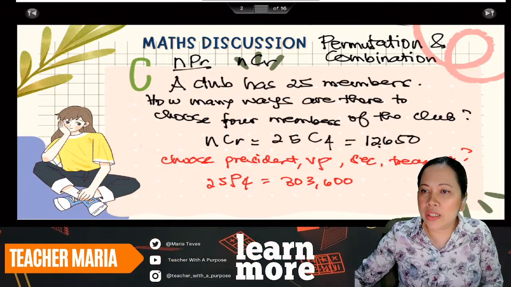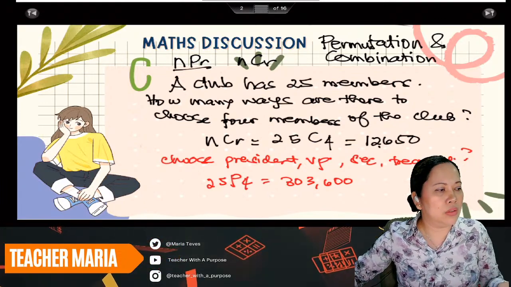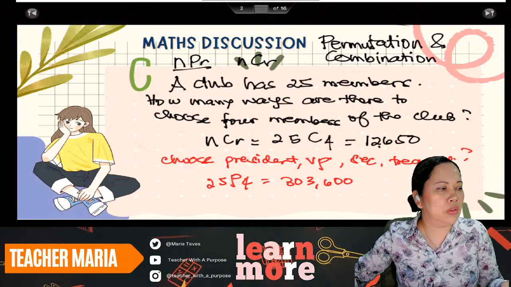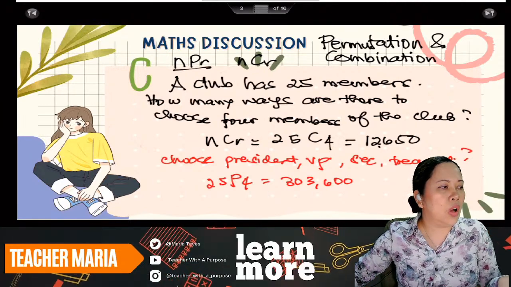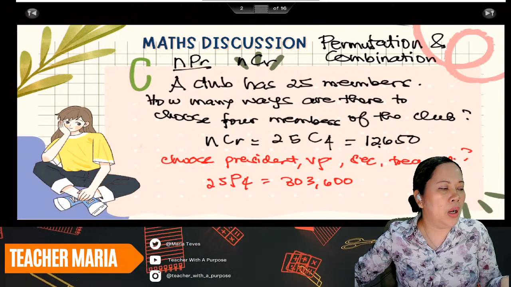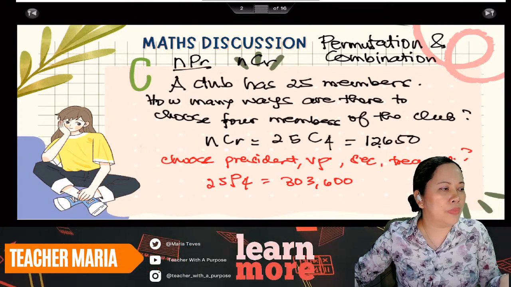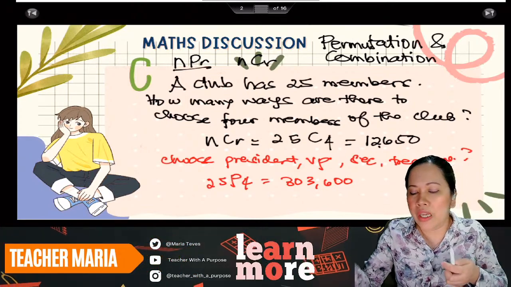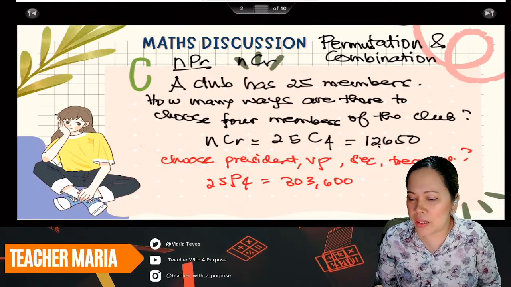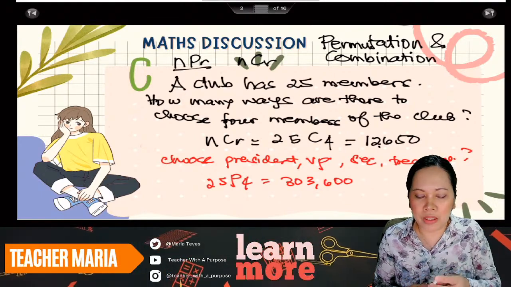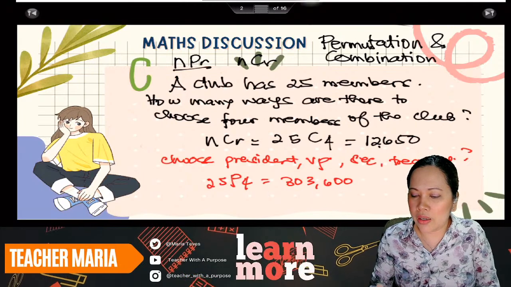Okay, so do you understand now, Maha Blanca? Combination and permutation. So another example of permutation, I'll just copy this one because it's here anyway.